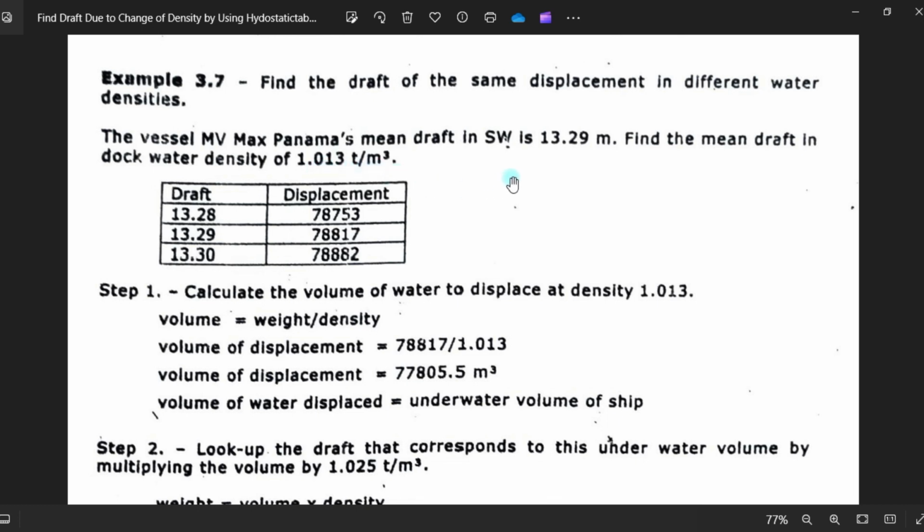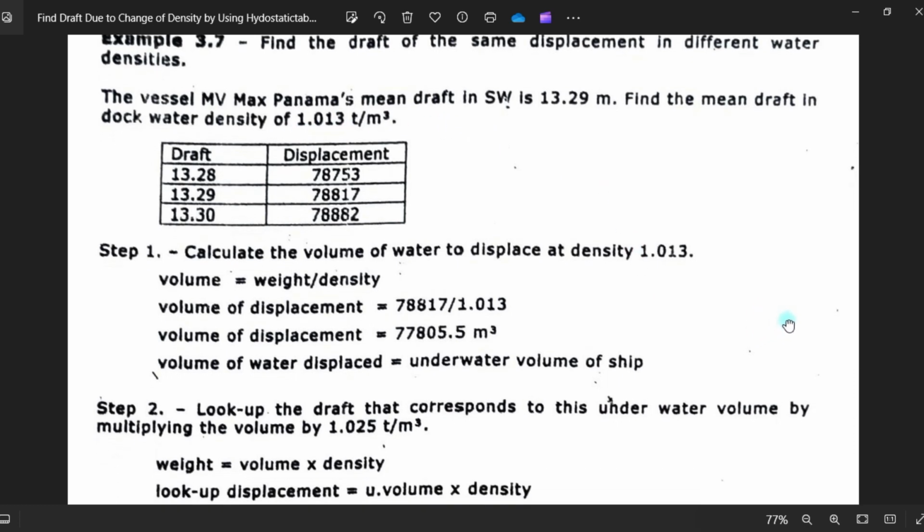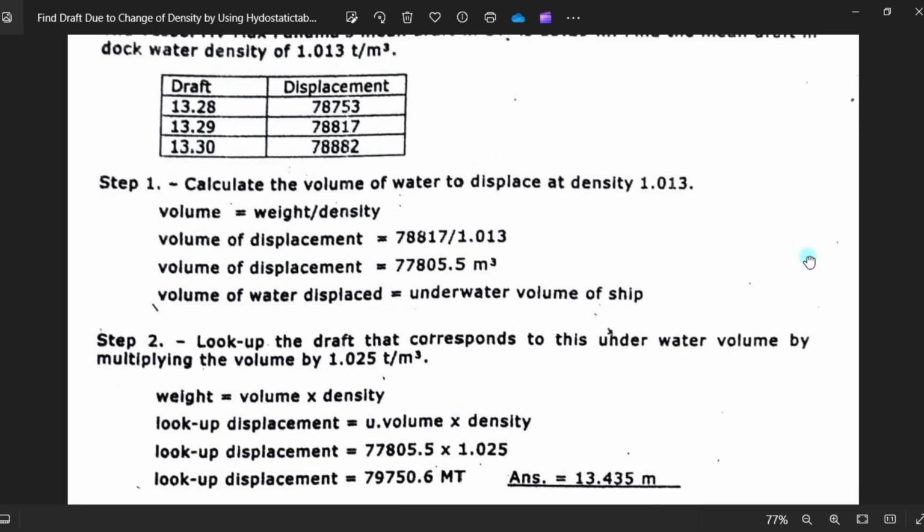What will be the mean draft if the ship is floating in a density of 1.013? So this is a simple solution. The mean draft of the displacement at 13.29 is 78817. Step 1, calculate the volume of displacement at 1.013.